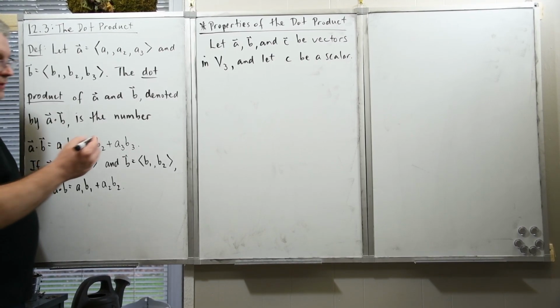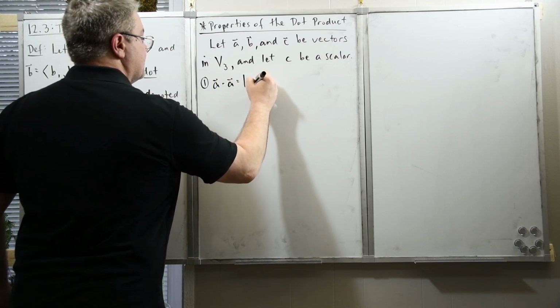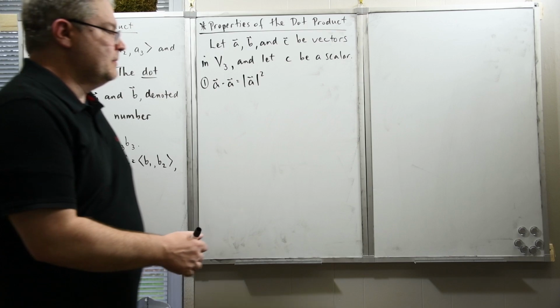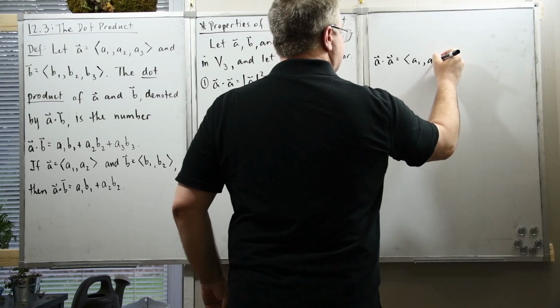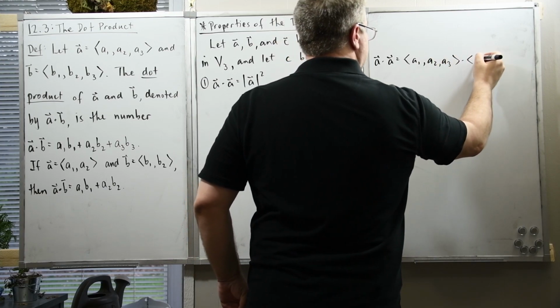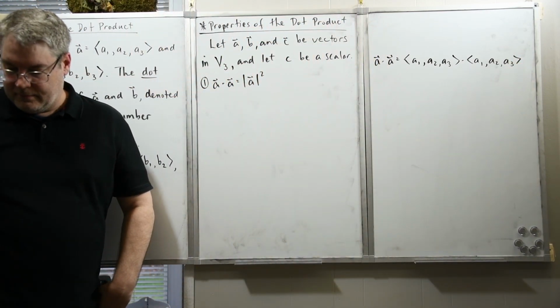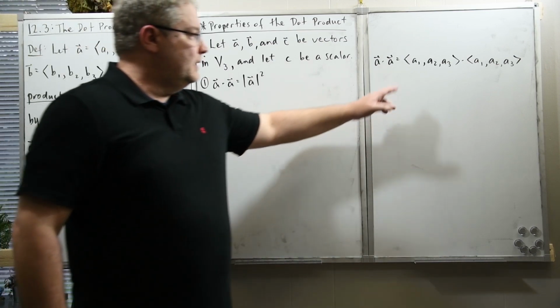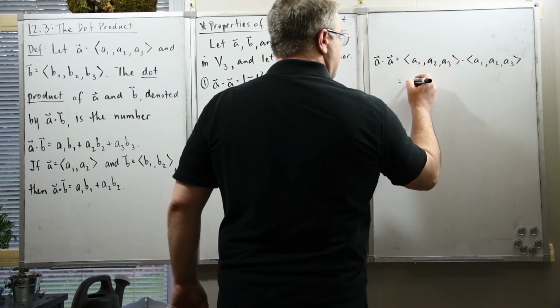The first property that we have is that if we take A dotted with A, that's the same thing as the square of the magnitude of A. And we can see this without too much difficulty. If you take A dot A, A has components A1, A2, and A3. And so we dot this vector with itself, multiply the first components together, that'll give us an A1 squared.